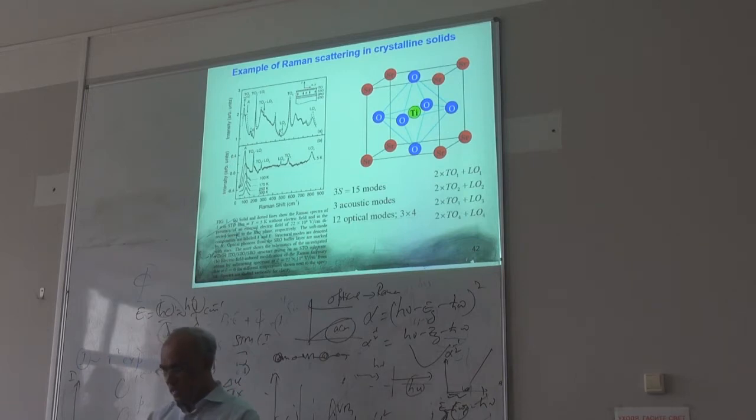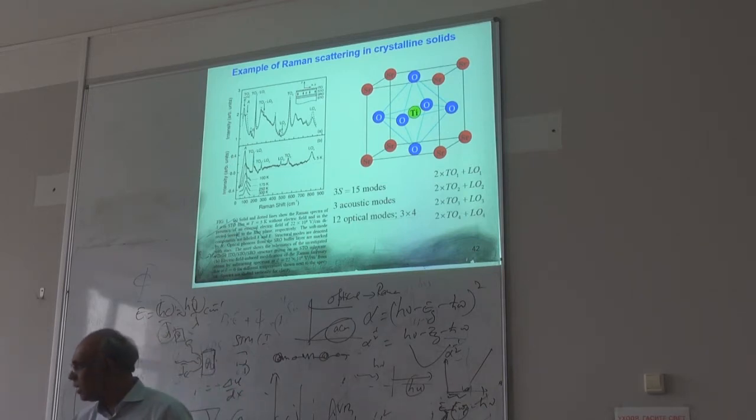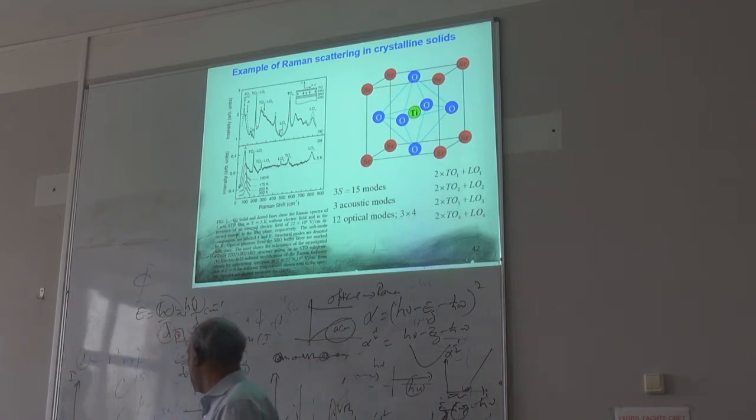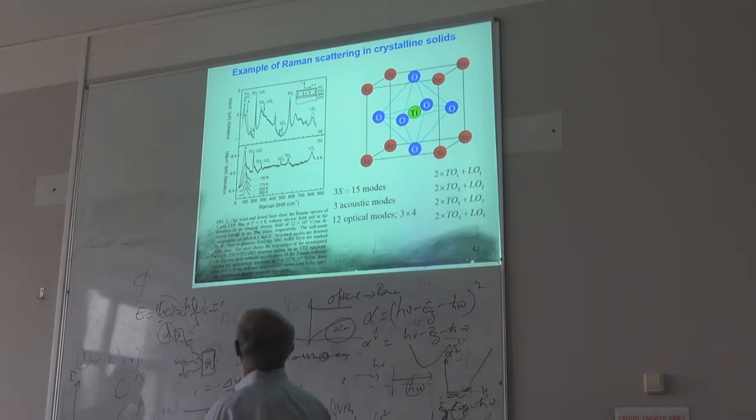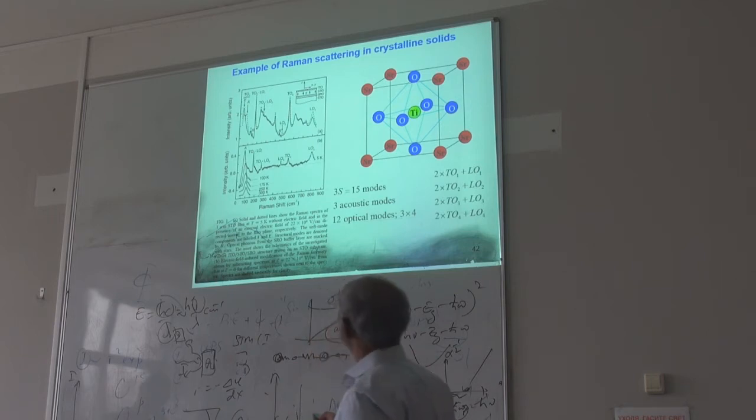Because if the wave goes this way, then atoms can move that way, or if the wave moves this way, then atoms can go in the x direction or y direction. There are always 3. Then you have 5 times 3, 15 total. Then 15 minus 3, 12 optical modes. So here you can see most of those modes that come here.